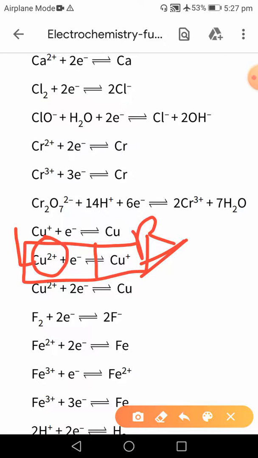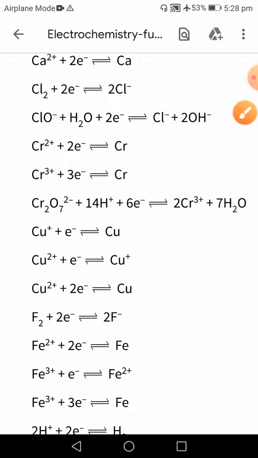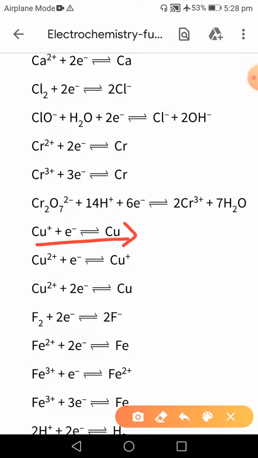For simplicity, remember that the right side contains the reduced form. That means when you are going from left to right, you are doing reduction, and when you are going from right to left, you are doing oxidation.